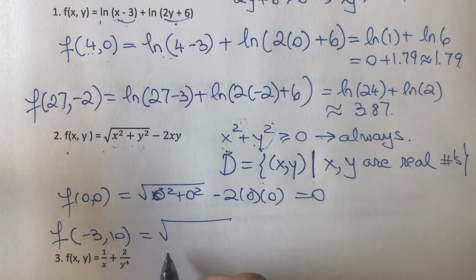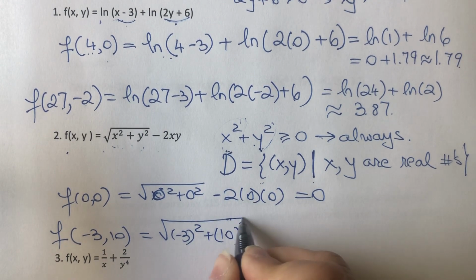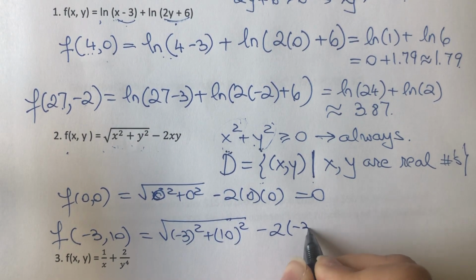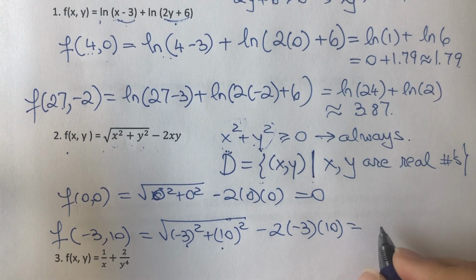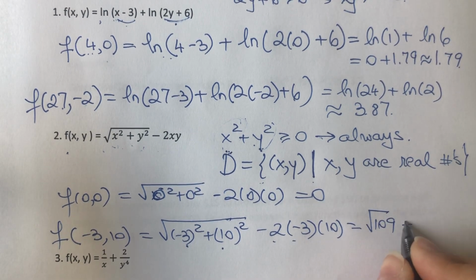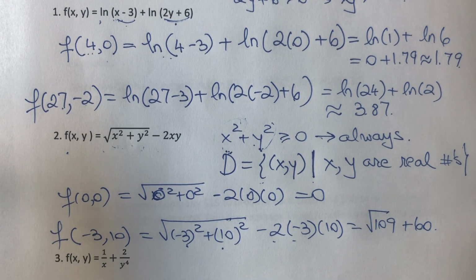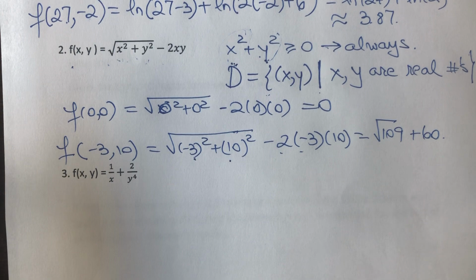So that's the square root of -3 squared plus 10 squared minus 2 times -3 times a positive 10. So that's 9 plus 100, 109, whatever the square root of 109 might be, and that's plus 60. So I'm just going to leave it as some kind of value, but it definitely works. Okay, so easy, just plugging in values.